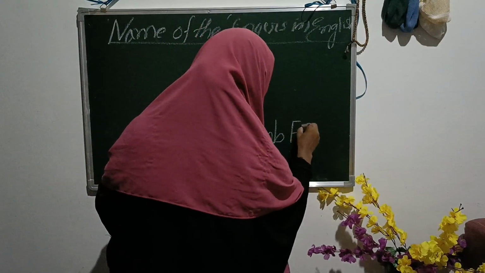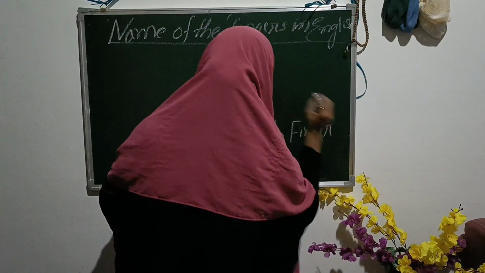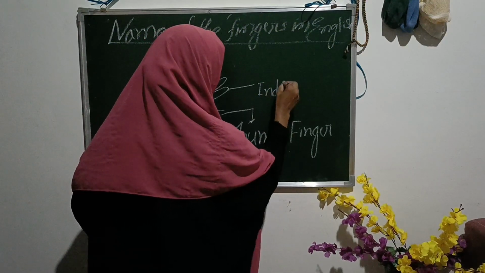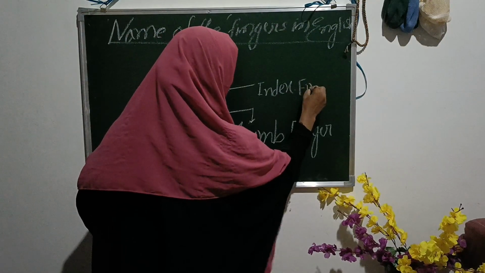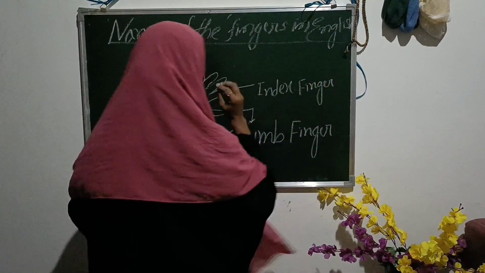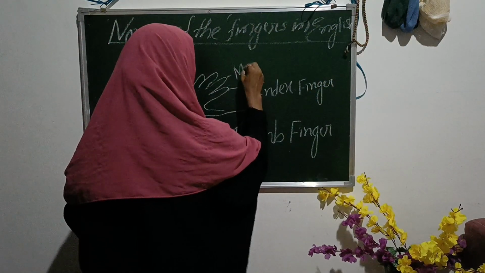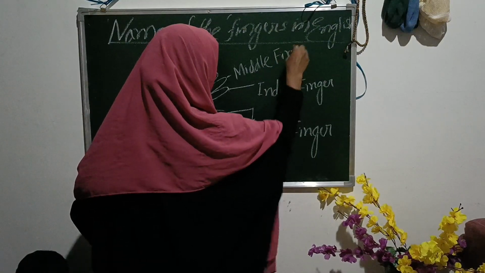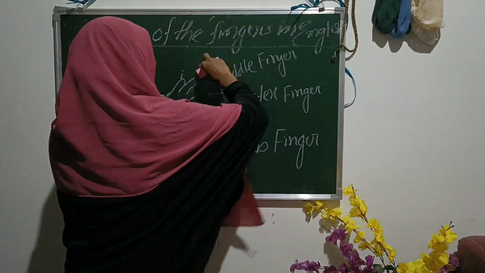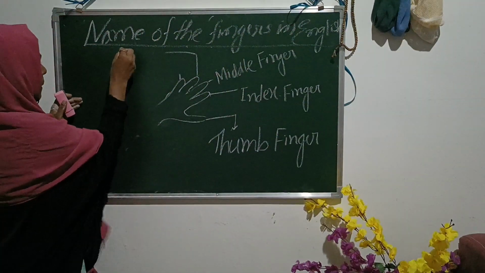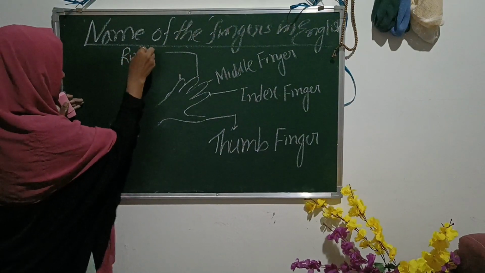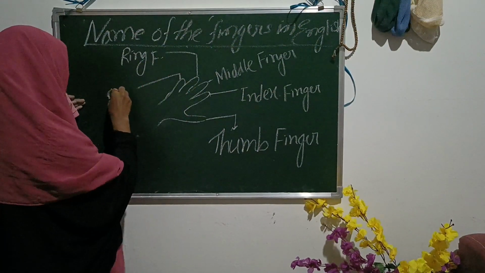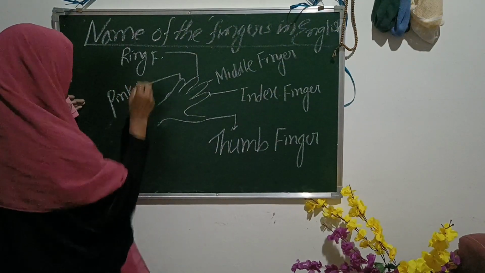Thumb finger মানে বুড়া আঙ্গুলি। Index finger মাঝু আঙ্গুলি। Index finger, middle finger, so ring finger and pinky finger or little finger.